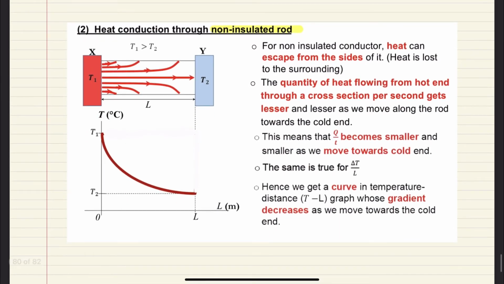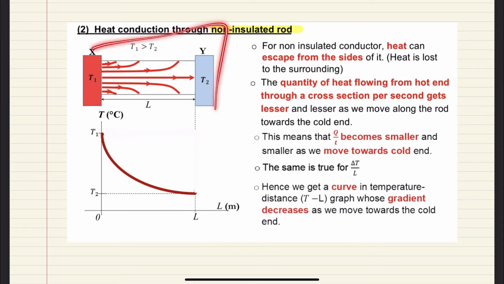And for the non-insulated case, you can see from this diagram that the heat actually flows out from the material. So because of that, as it goes further from the higher temperature source here, you can see that the heat is actually decreasing exponentially, right? Because there's heat loss, okay, escaping from the side.